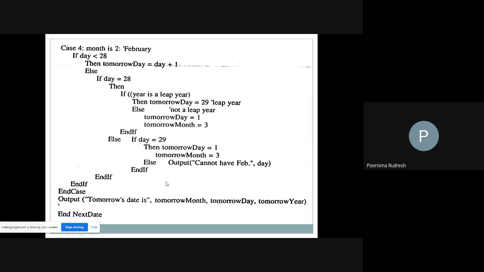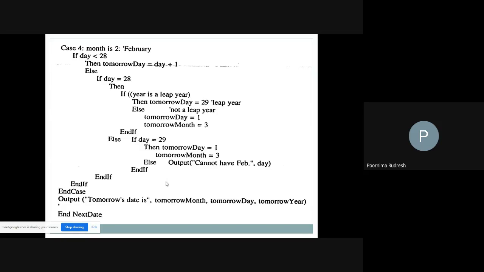Suppose I enter the input as December 31, 2012. What will be tomorrow's day, month, and year? It becomes January 1st, 2013. Understood?